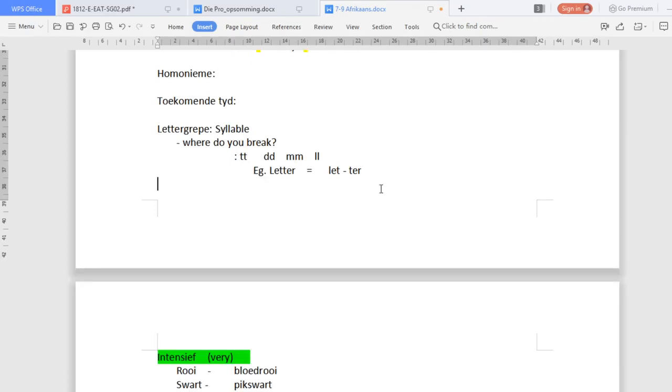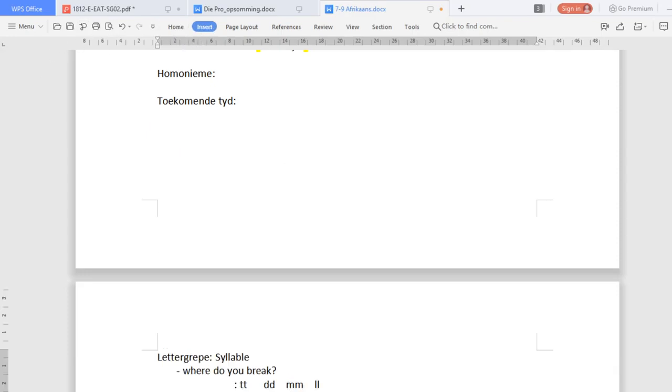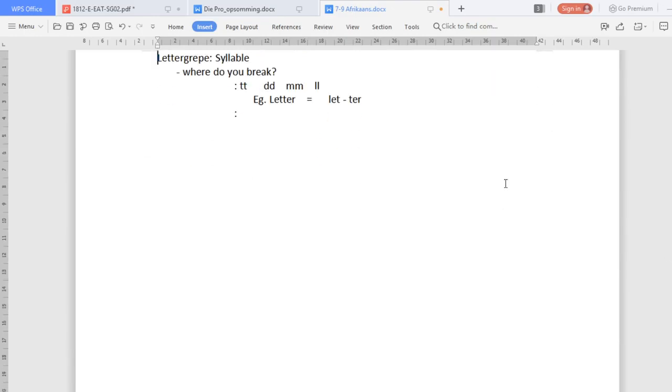Okay. Then you also have a look at where do you break in terms of if you've got a plural or a diminutive. So let me just write the rule with this.